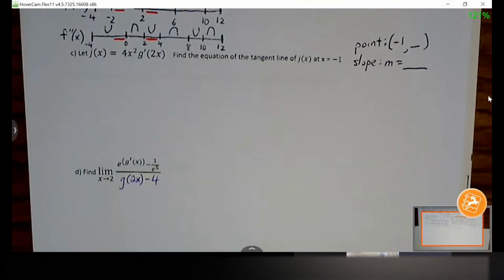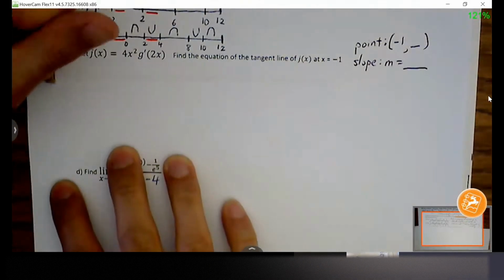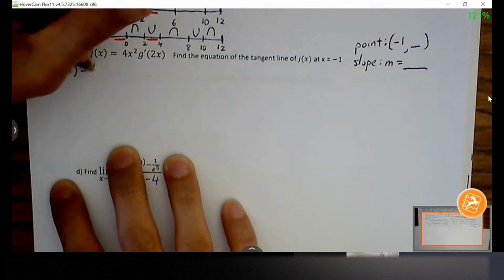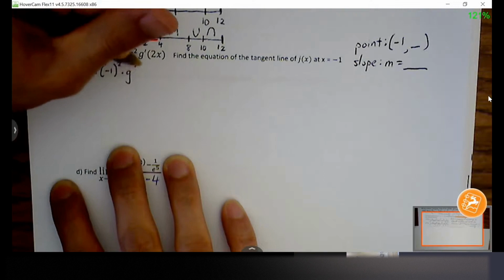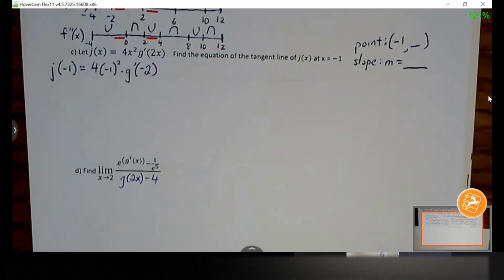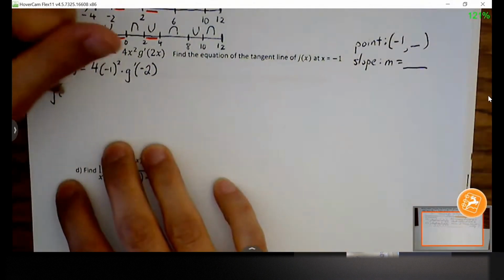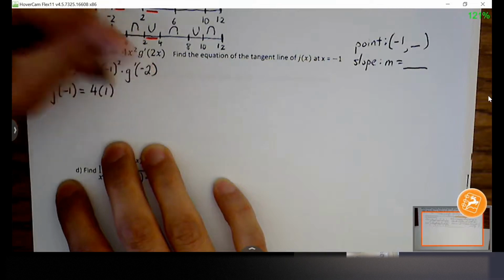All right, where do you guys want to start? Finding the point. Okay, let's find the point. Just insert directly into our function here. No need for the derivative. I'm just replacing all the x's that I see with -1. Four times -1 squared is just 1.